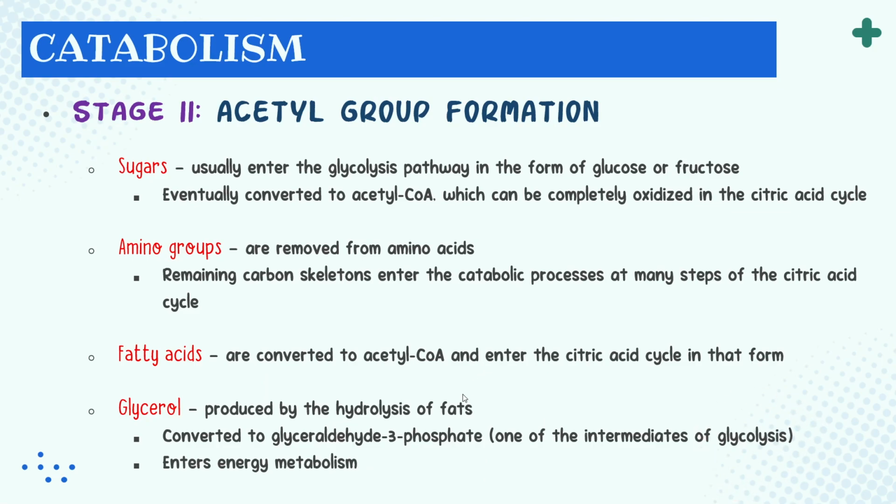Then again, at the end of your glycolysis, it will still be converted to acetyl coenzyme A and participate in your citric acid cycle. So that is the main point of your stage 2, kids. Formation of your acetyl coenzyme A in order to participate in your citric acid cycle.